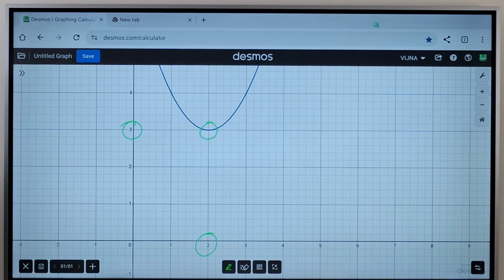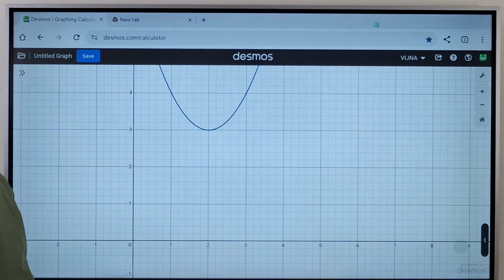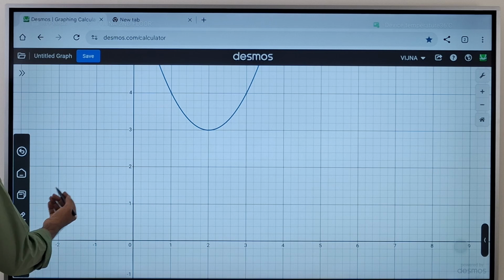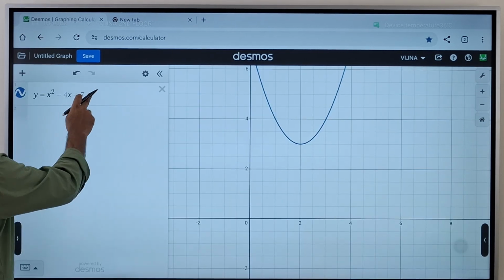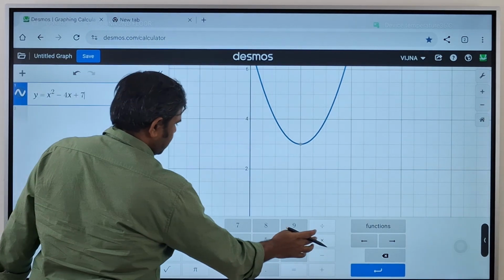Okay. Like this, we can draw graphs of many functions. Let's draw the graph of y is equal to sine x. Take this trigonometric function.